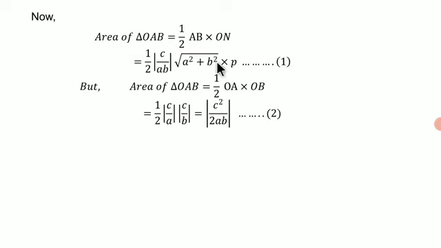We observe that in equations 1 and 2, this is the area of the same triangle. That is, their LHS are equal, and so obviously their RHS are also equal.